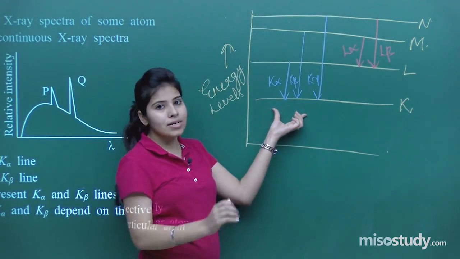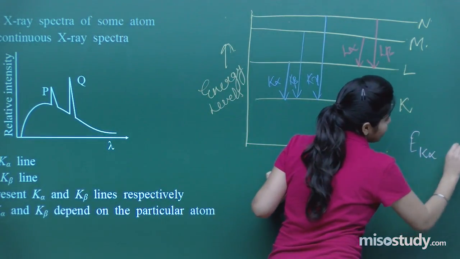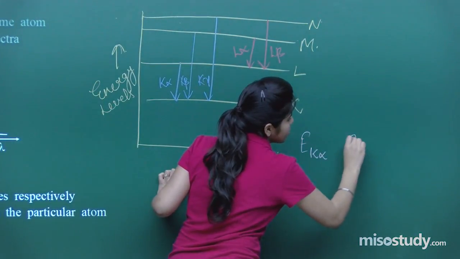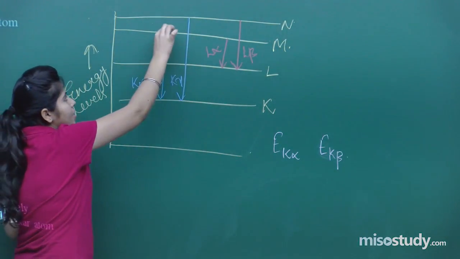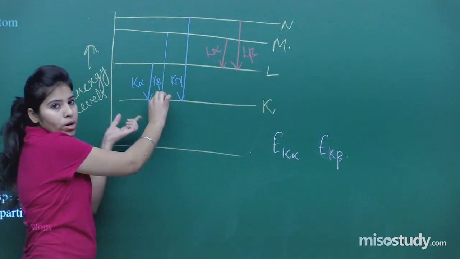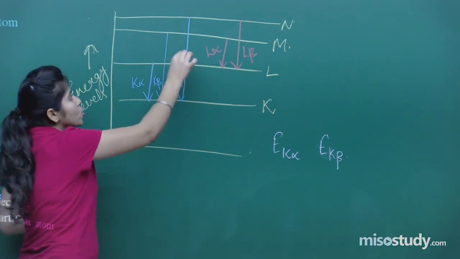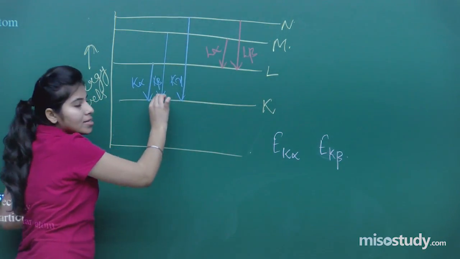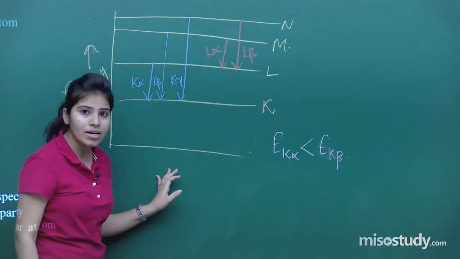You can see the energy of K alpha and K beta. What is the relation between them? You can see here K beta has more energy than K alpha, because this is the energy axis.